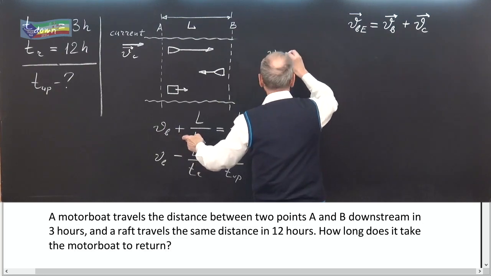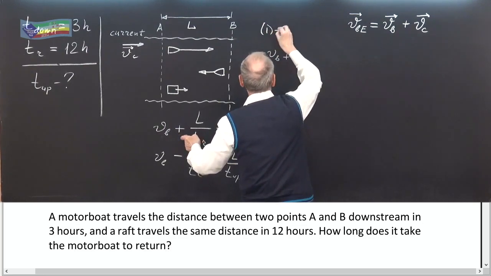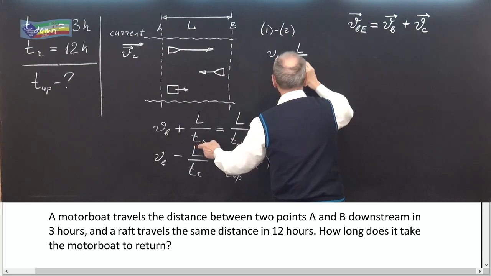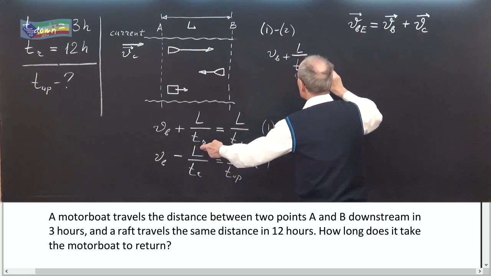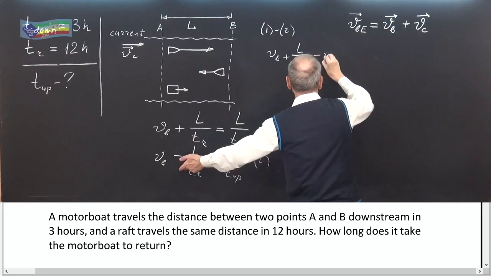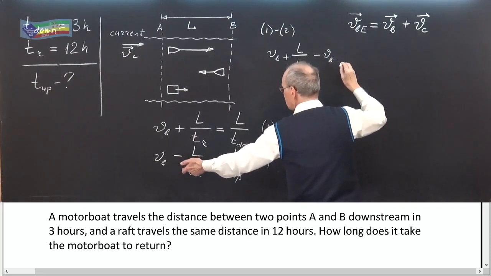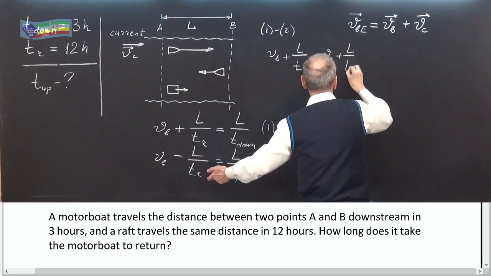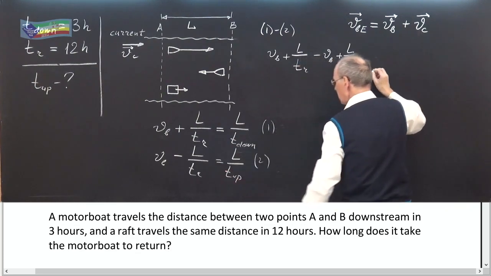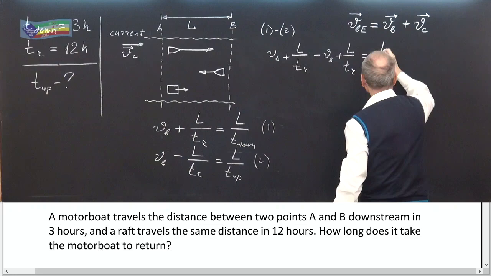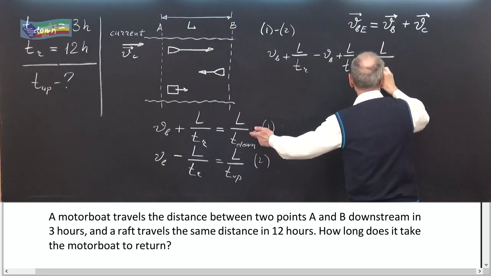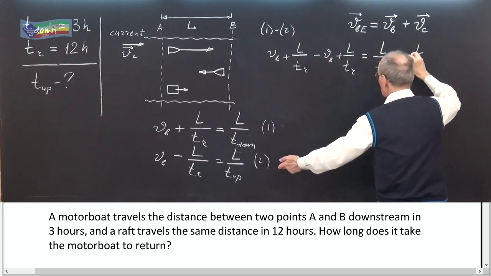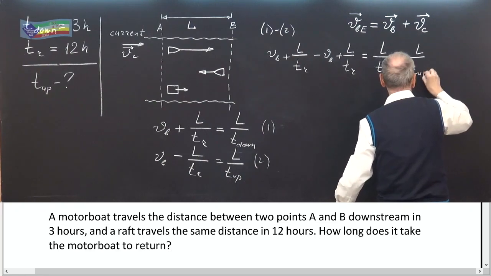V B plus, the first minus the second. V B plus L over T raft minus V B, minus and minus gives plus L over T raft equals L over T down minus L over T up.